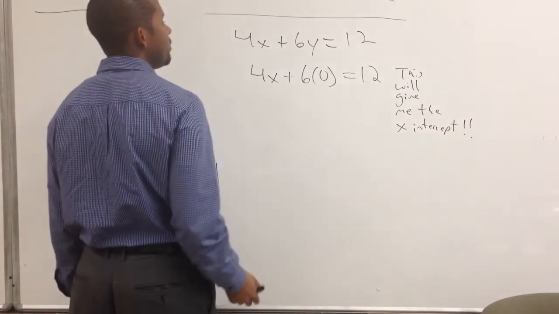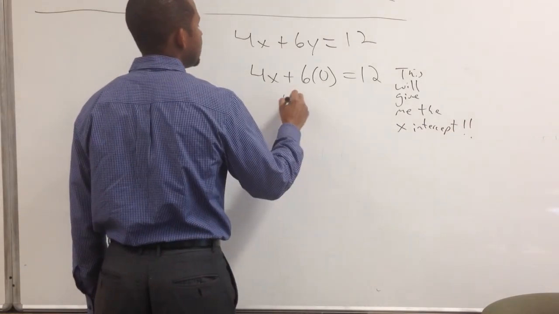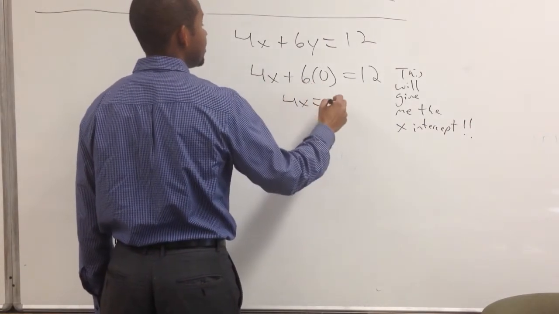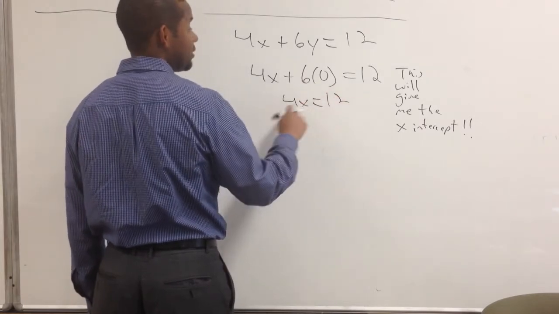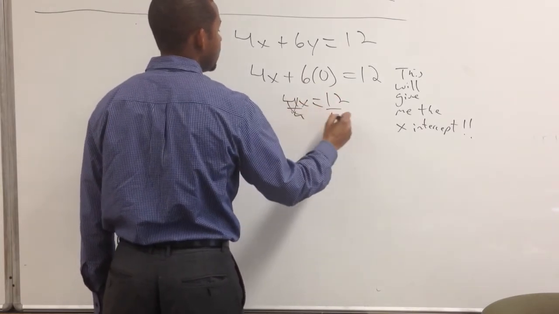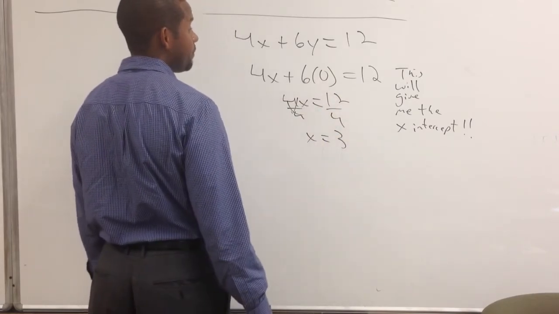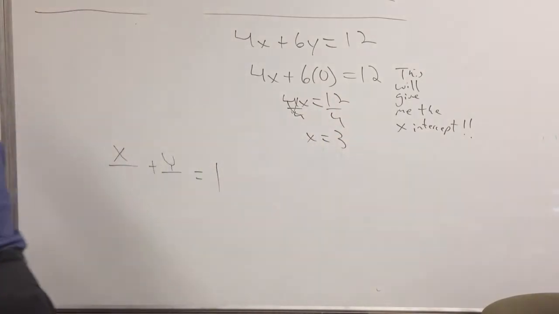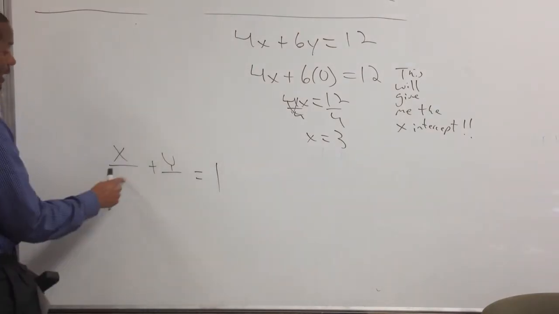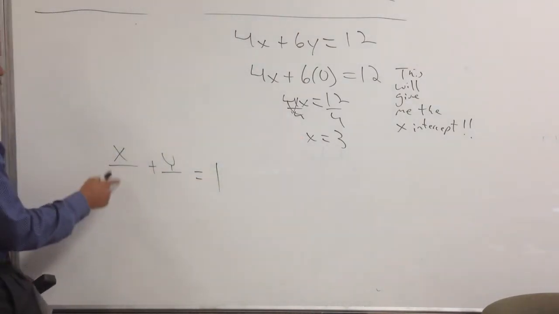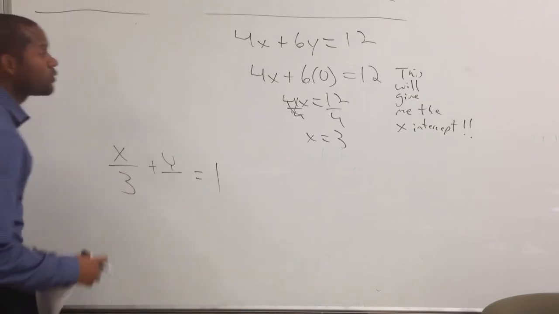Okay? Plug in 0. So this becomes 4x. 6 times 0 is 0. So 4x plus 0 equals 12. Divide by 4. The x-intercept is 3. So I found the x-intercept, and so already I know the x-intercept is 3, so in intercept form it must be x over 3.